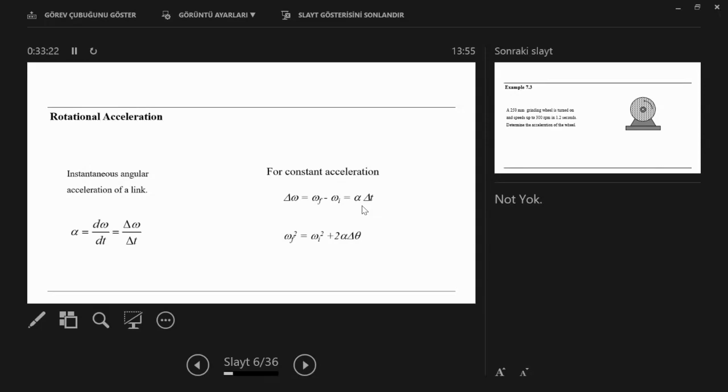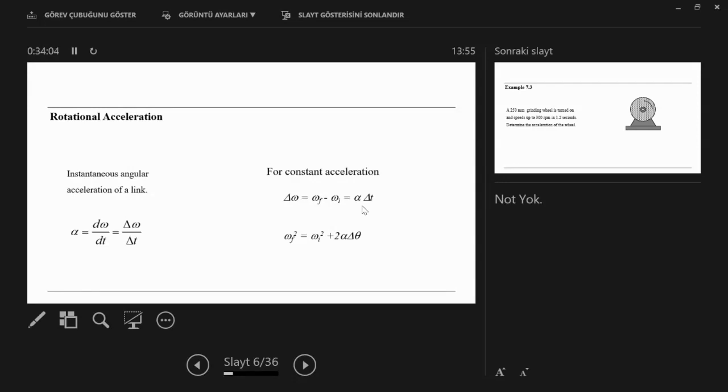Using these two equations, we can create, like we did for the linear motion, omega final squared is equal to omega initial squared plus 2 alpha delta theta, like the equations we created before.